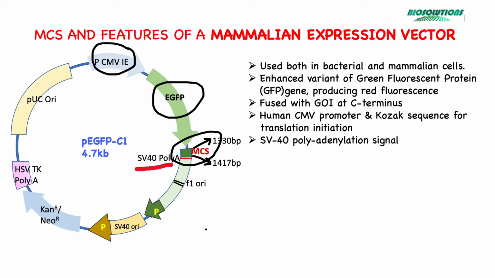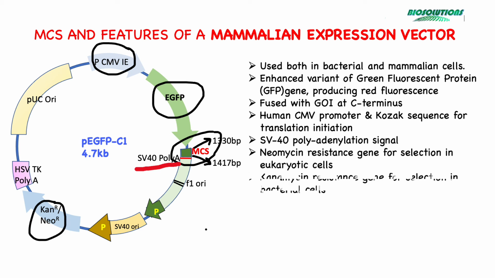A polyadenylation signal, which is an important feature in eukaryotic cells, taken from SV40 virus, is downstream of the EGFP gene, which adds a poly-A tail to the 3' end of the fusion mRNA. A neomycin resistance gene with SV40 early promoter is to express in mammalian cells and to express kanamycin resistance in E. coli cells.